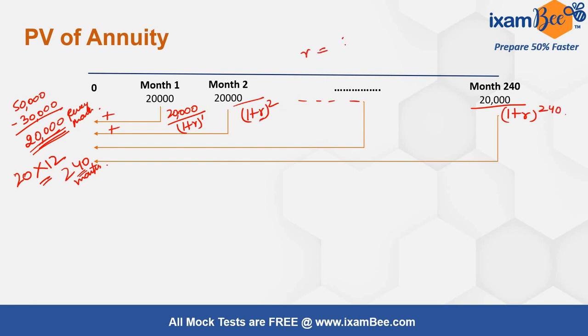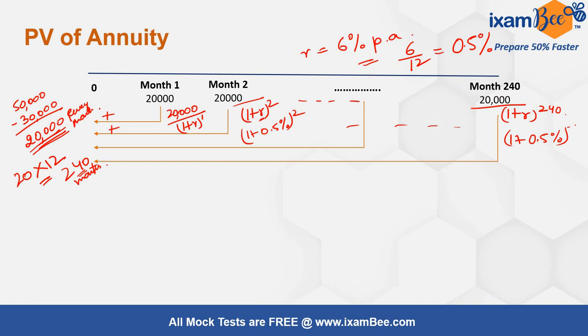The r is my rate of interest of 6%, but this is per annum. So I will also have to convert this into monthly because I have been making these payments on a monthly basis. So basically my interest rate will become 0.5%. So here it becomes 1 plus 0.5% to the power of 2 and so on till 1 plus 0.5% to the power of 240. So I have to find this, and when I add all these numbers I will get my present value.